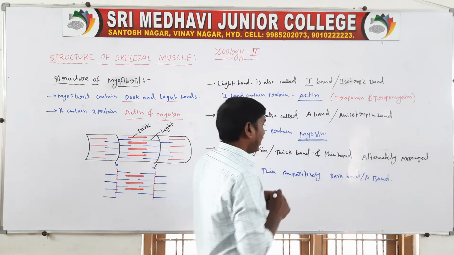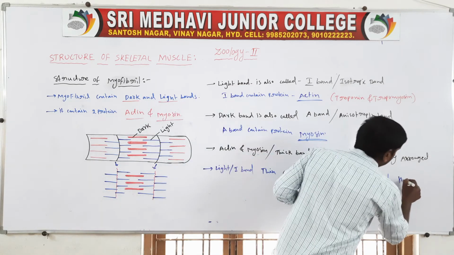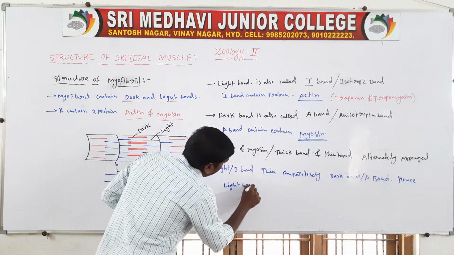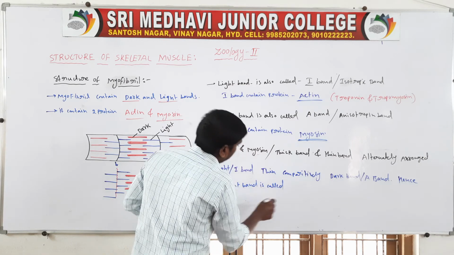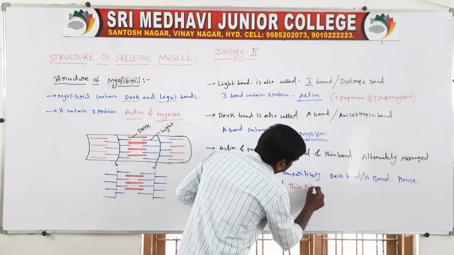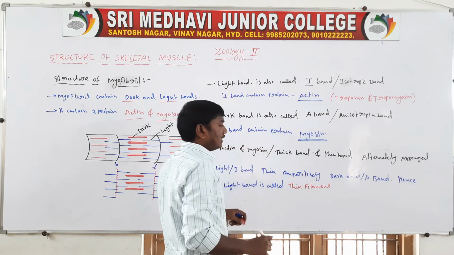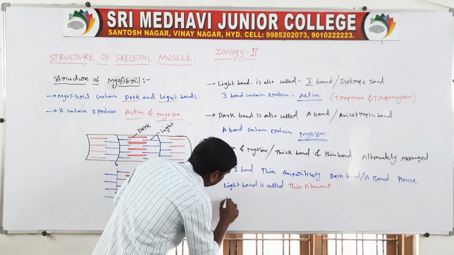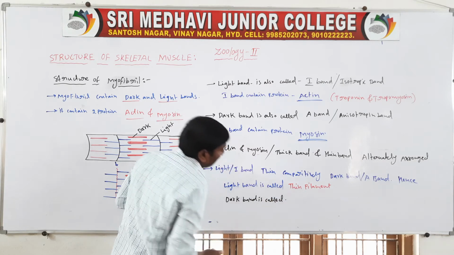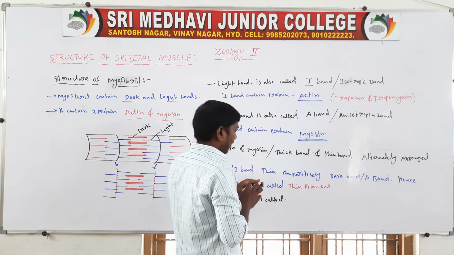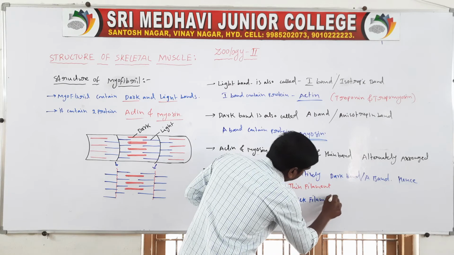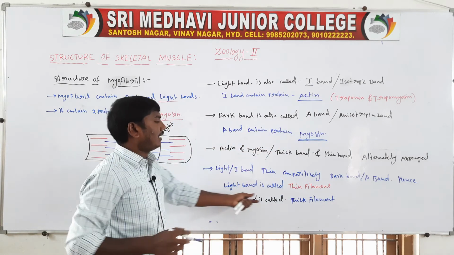Hence the light band is called the thin filament, and the dark band is called the thick filament.